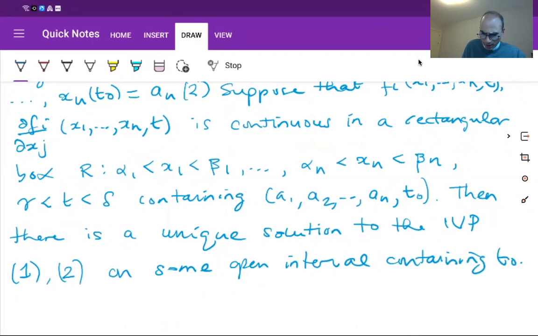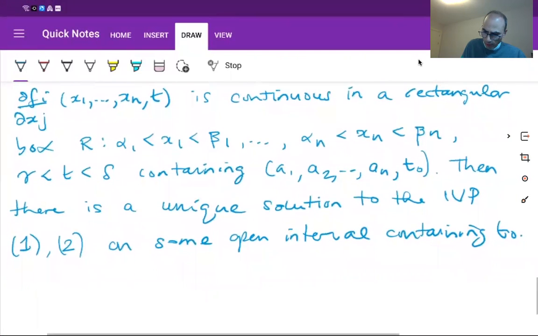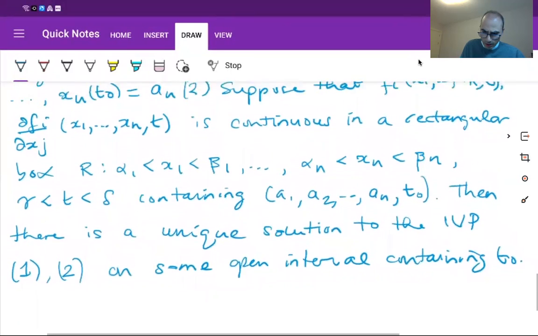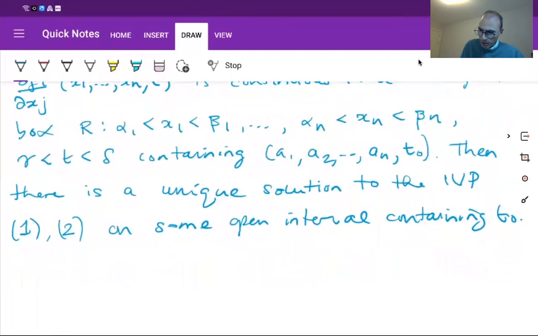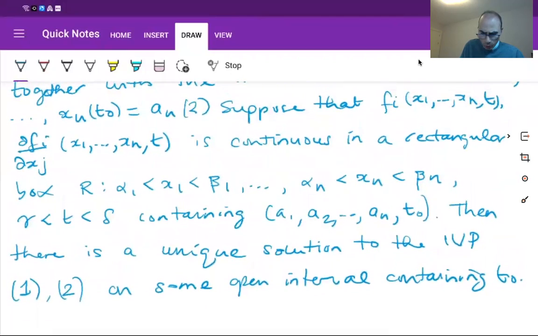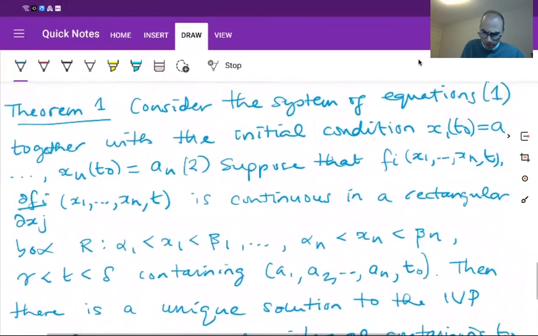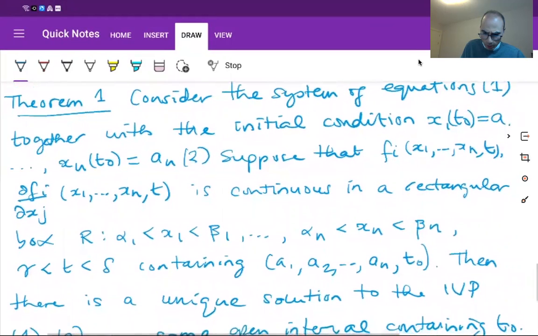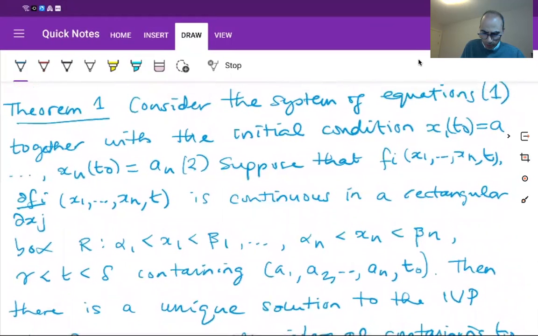We can't say how large this open interval will be. It's just going to be some interval which contains t0. Okay, so that's the existence and uniqueness theorem. And when n is equal to 1, this is just the existence and uniqueness theorem that we had for a single first order equation.